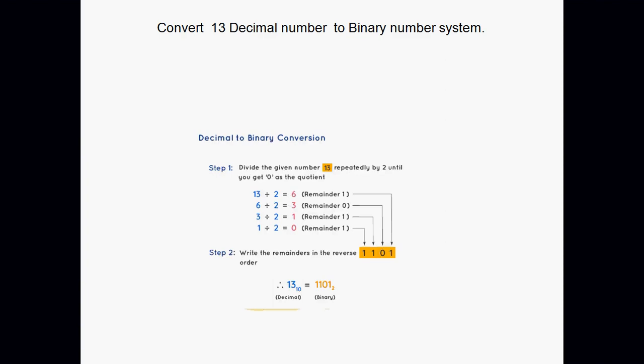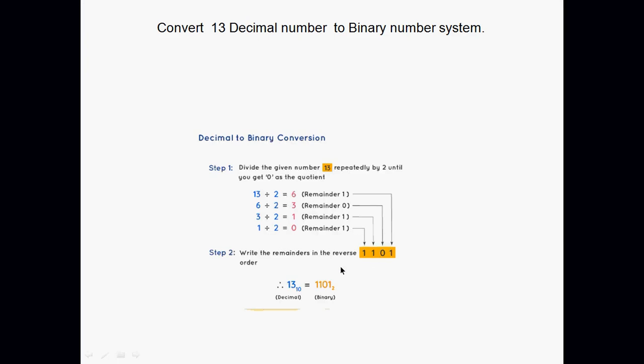In this example, 13 is the decimal number. We can convert it into binary by dividing by 2, because the binary radix or base is 2. When you divide it, we obtain 6 here, and the remainder is 1, as well as this 6 will be divided by 2, then we obtain 3, remainder is 0. 3 divided by 2, we obtain 1, and 1 divided by 2 is 0.